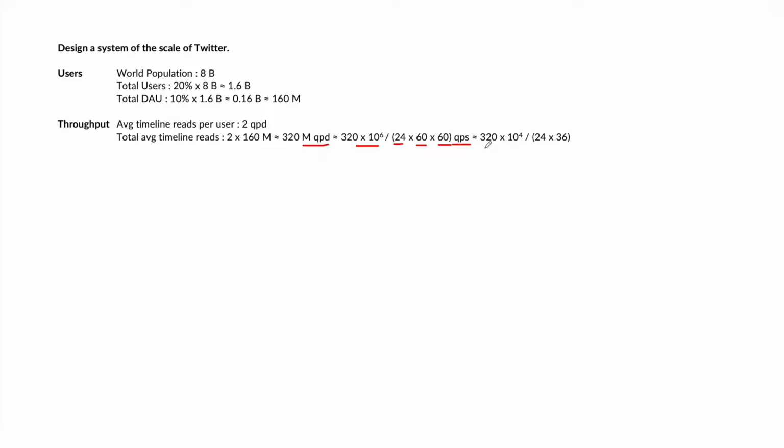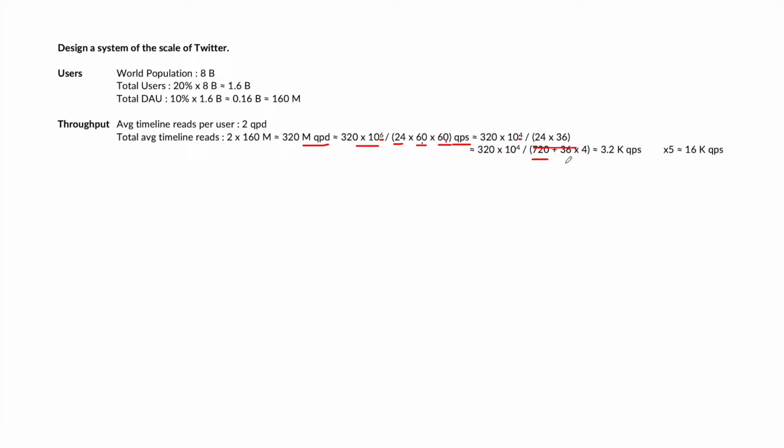Now how to solve this equation? If you notice, we have two zeros here and here. So we can cut these two zeros with 10 to the power of 6 and come to the number 10 to the power of 4. To solve 24 multiplied by 36, we can just round off the number 24 to 20, and 36 into 20 would be 720. Now, this calculation does not at all need to be accurate.